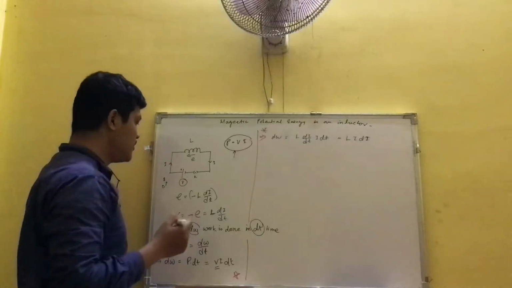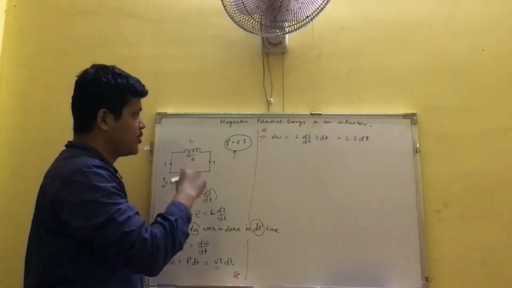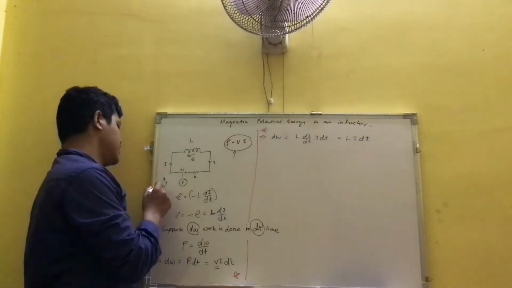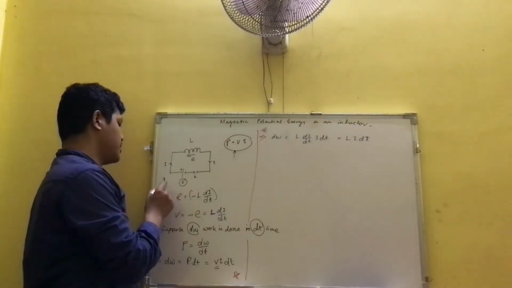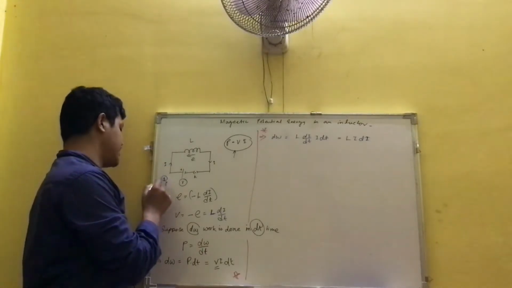Now, in order to find the total work done, this current is increasing from 0 to I. When the switch is off, there is no current, 0.